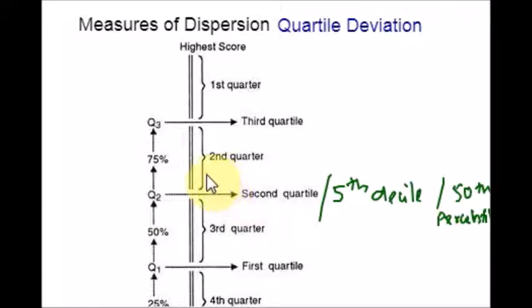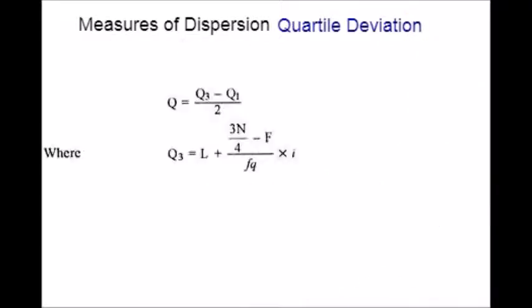Now let us discuss the formula to find the quartile deviation. We generally denote quartile deviation by Q. Quartile deviation Q is 1/2 the scale distance between the third quartile and the first quartile. Third quartile is Q3 = L + ((3n/4 - F) / fQ) × i.